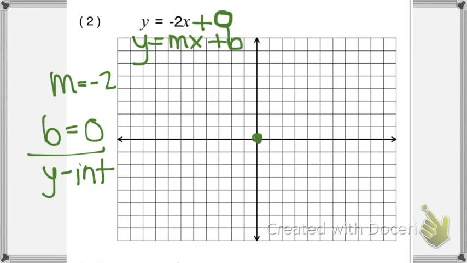And then -2, because it's slope, we need a rise and a run, so we're going to put it over 1. This means go down 2, and the 1, we're going to go to the right. So down 2, right 1. And I can quickly show a whole bunch of solutions.